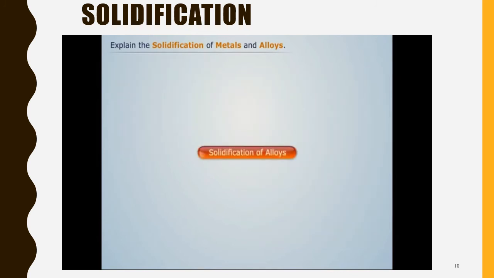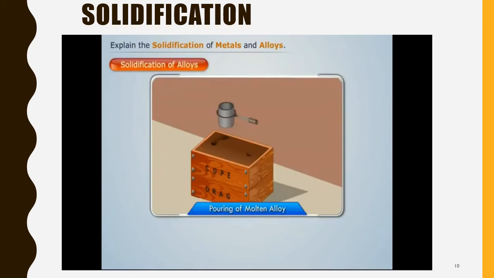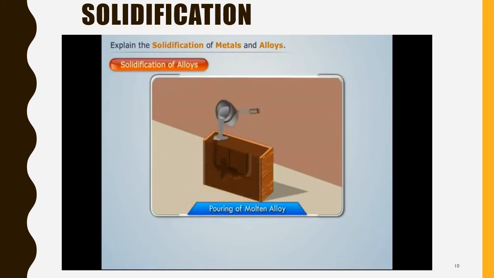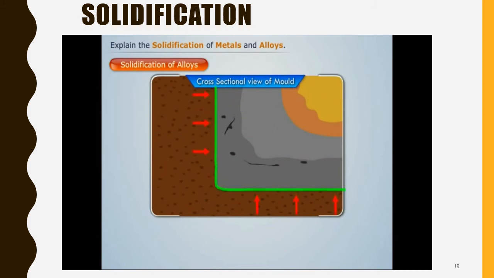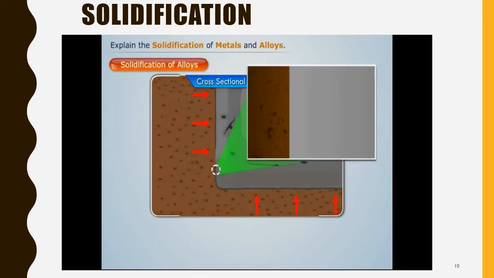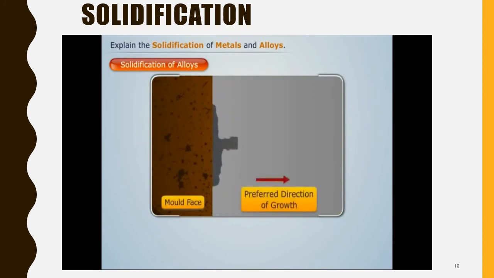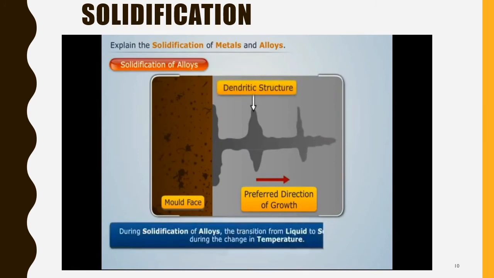Now let's discuss the solidification of alloys. When we pour the molten alloy in the mold, we see that the solidification process takes place in the same manner as in case of solidification of metals. The only difference is that the crystals formed will have a dendritic structure as shown. Note that during solidification of alloys, the transition from liquid to solid state occurs during the change in temperature.